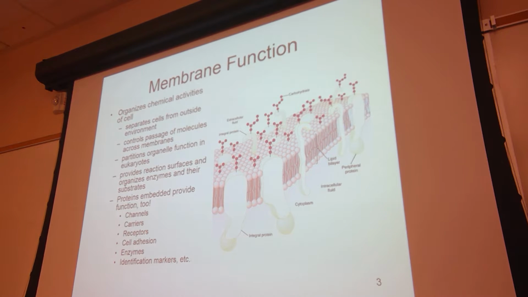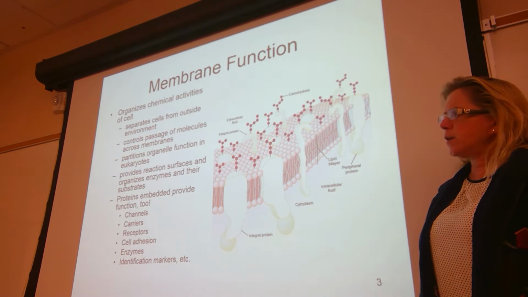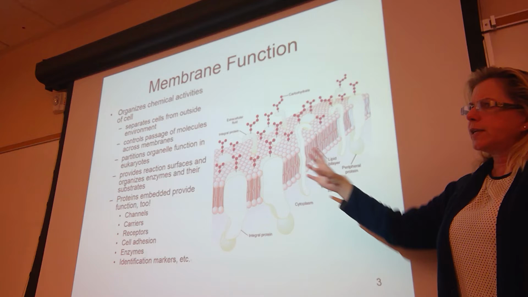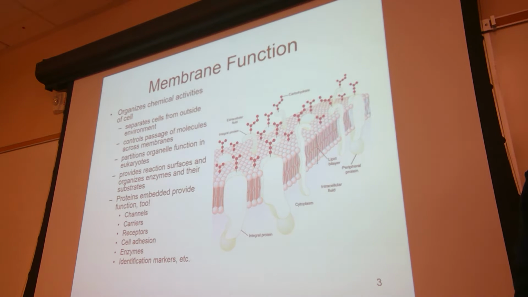We also know that these proteins can provide a route for substances to travel through to get to one side of the cell, inside or out. These proteins can be used as enzymes. They can be used to help link one cell to another. There are many roles that the membrane has, many roles.